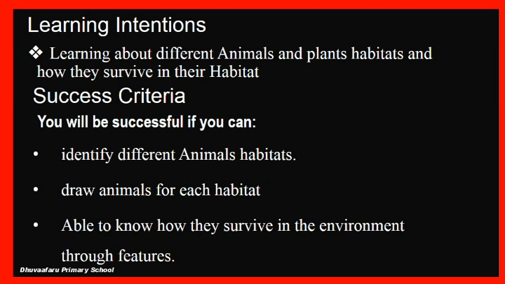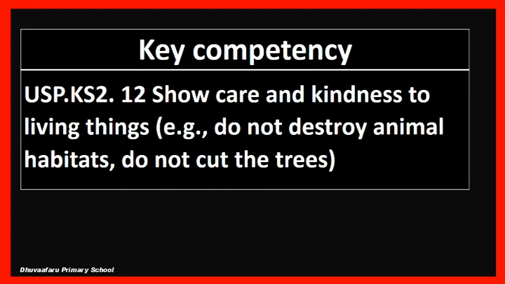Our success criteria is you will be successful if you can identify different animal habitats, draw an animal for each habitat, and explain how they survive in the environment through features. The key competency we select for this lesson is to show care and kindness to living things.